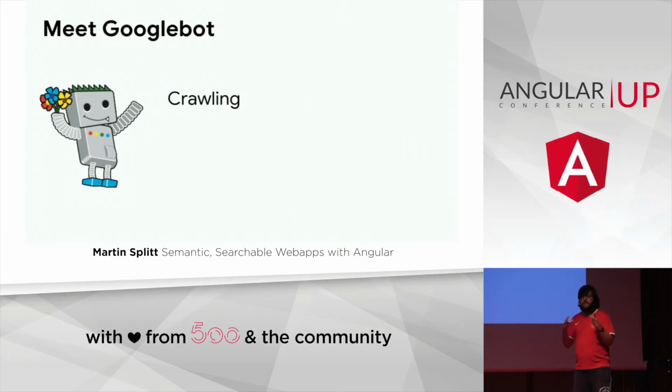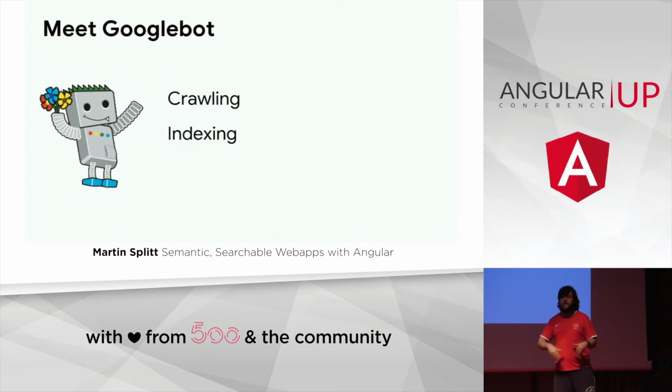And so Googlebot's first task is crawling. We tell Googlebot, here's a bunch of websites that you should have a look at. It then fetches the websites, extracts the content that it sees, and then as a second step, it looks at what this content is, what is the topic, are there any links, is there any stuff that I should be aware of, is this something that people might look for?